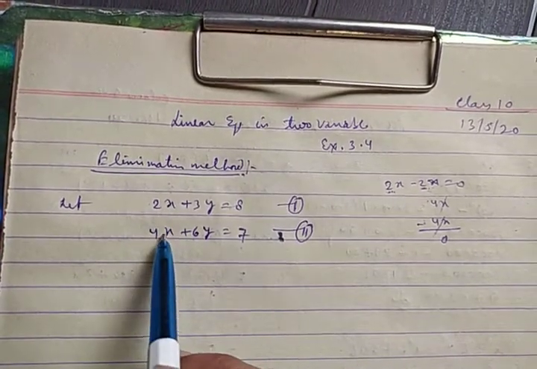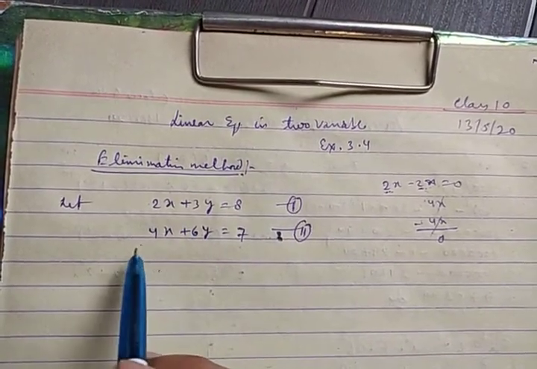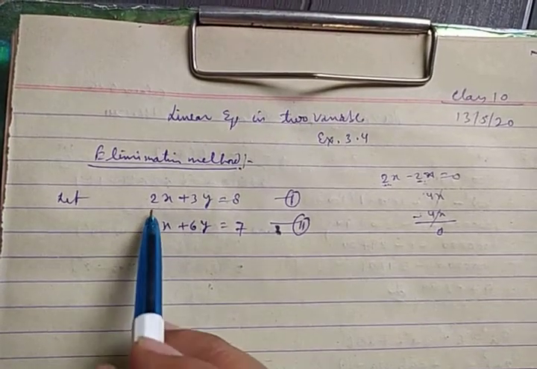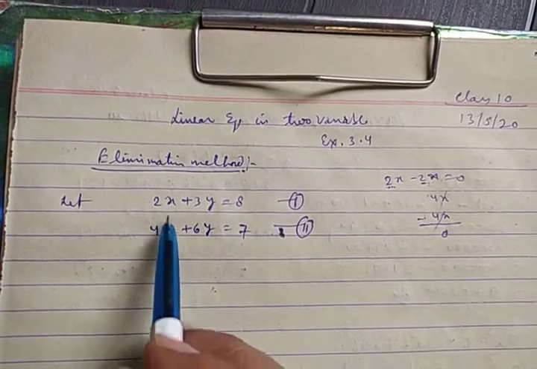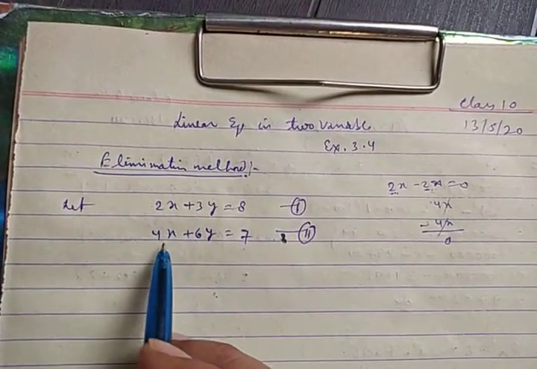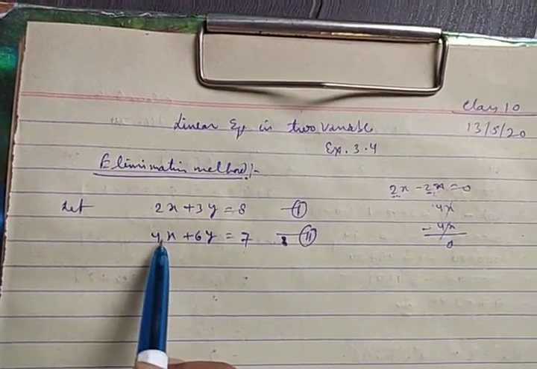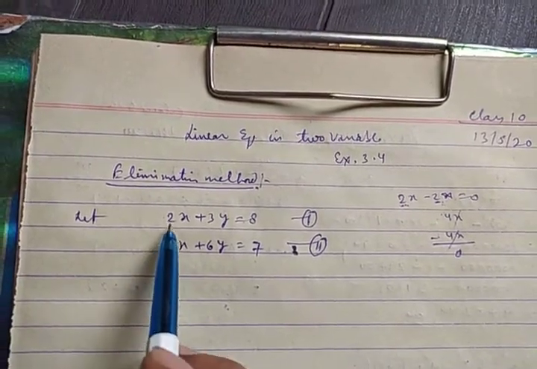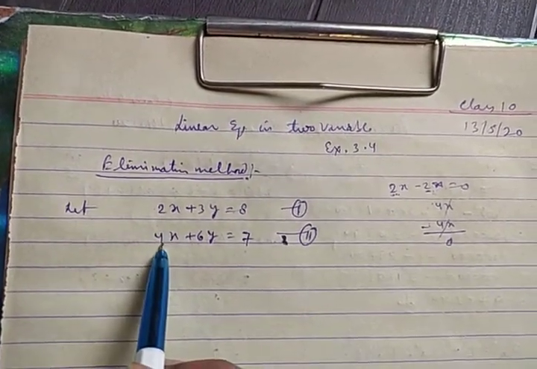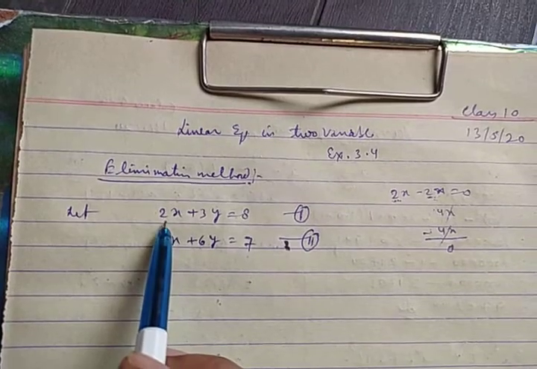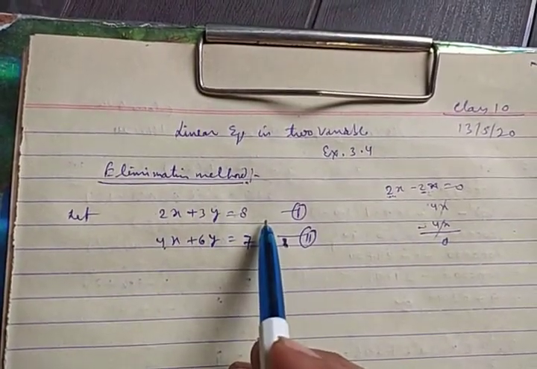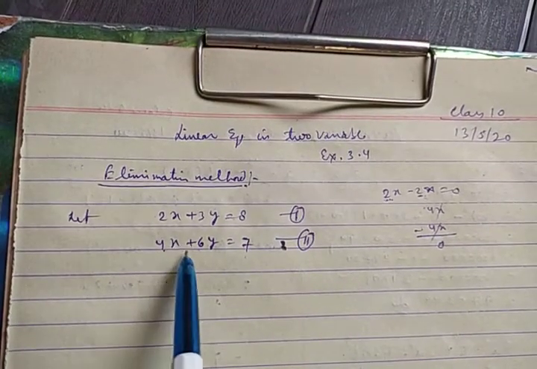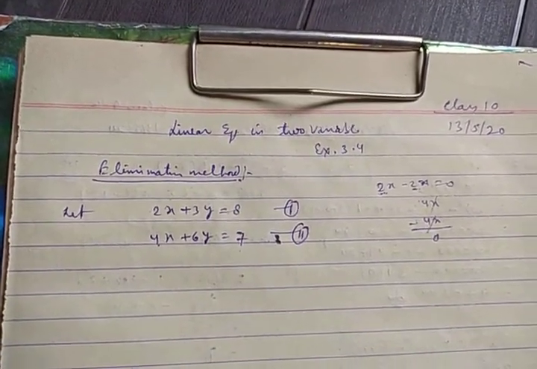whether in terms of x or y, whatever you observe, no coefficients of x or y are equal, then you will have to choose one, either x or y. Suppose I am taking x, then you will have to equate the coefficient. It is 4x, so you can also make it 4x by multiplying equation 1 by a certain number.